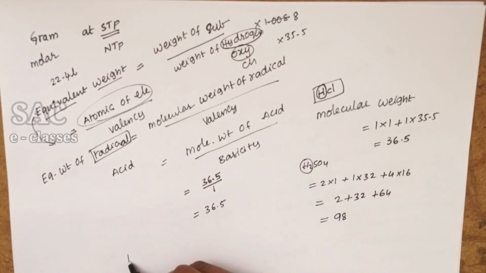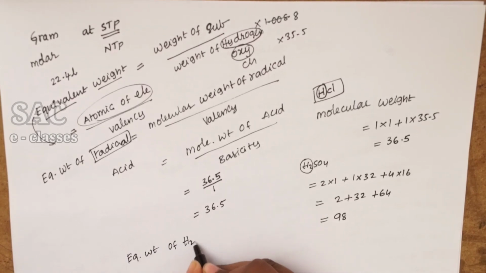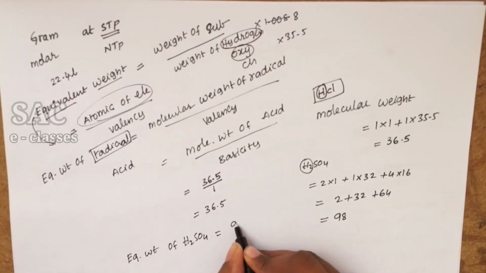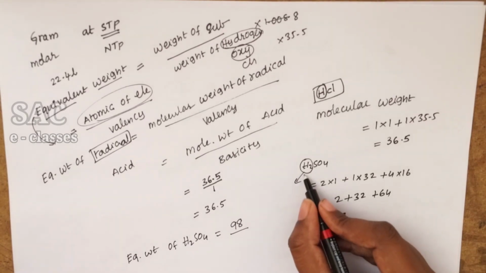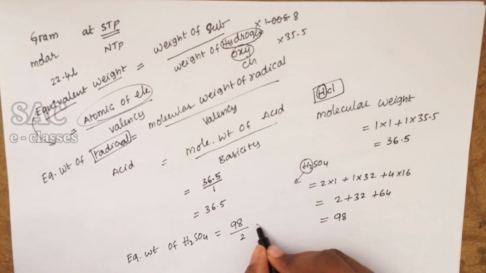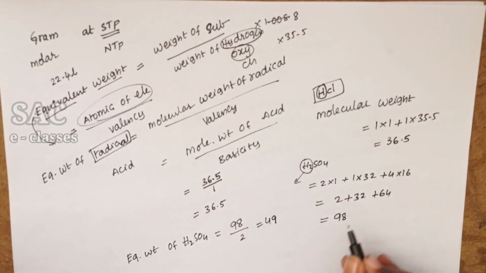Then the equivalent weight of H2SO4 is 98 by its basicity, the number of replaceable hydrogens in sulfuric acid, which is 2. So 98 by 2, which is 49, will be the equivalent weight of sulfuric acid.